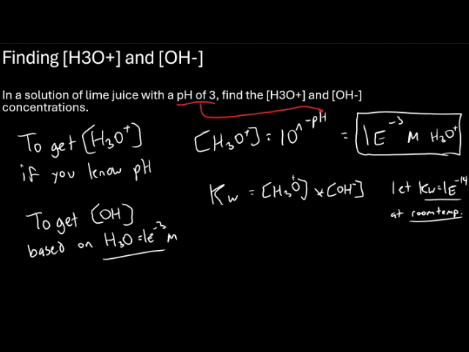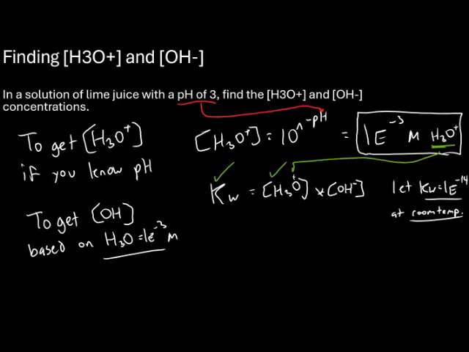Therefore, we know what K water is, and from the previous step, we know what H3O is. We check those two off and note that our unknown here is OH minus. Therefore, we'll do a little bit of algebra and divide both sides by H3O.